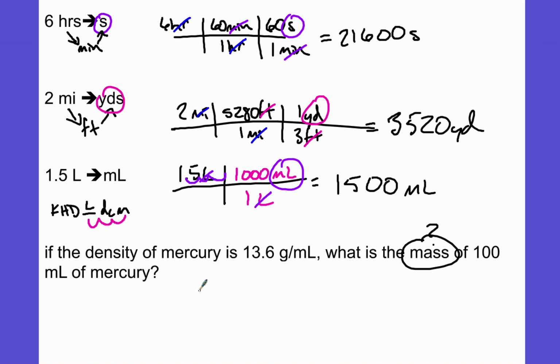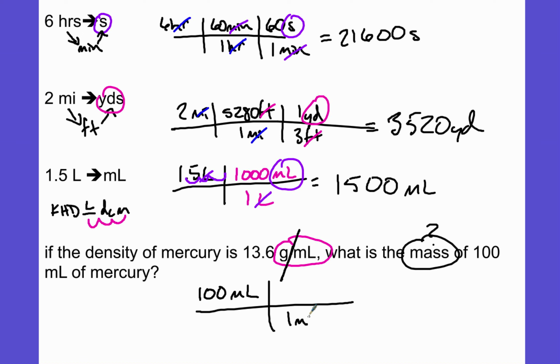When you get a problem like this, it's not actually as hard as it looks. If I just start out with the simplest unit that I have, milliliter is my simplest unit, and then I look at the other unit, grams per milliliter, that is a conversion factor. This is a fraction.